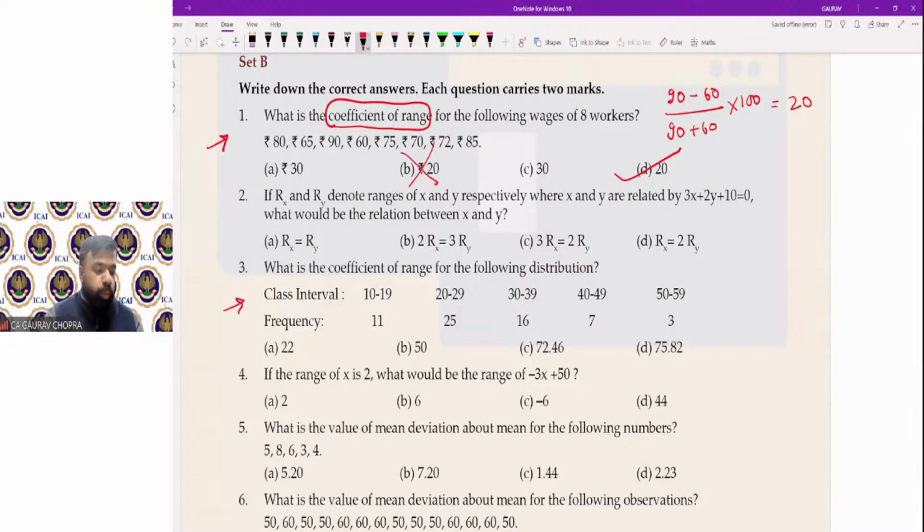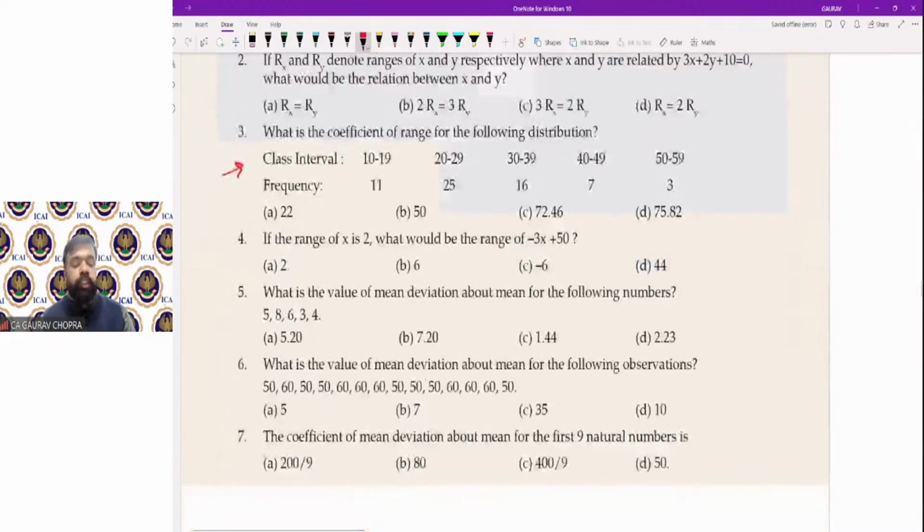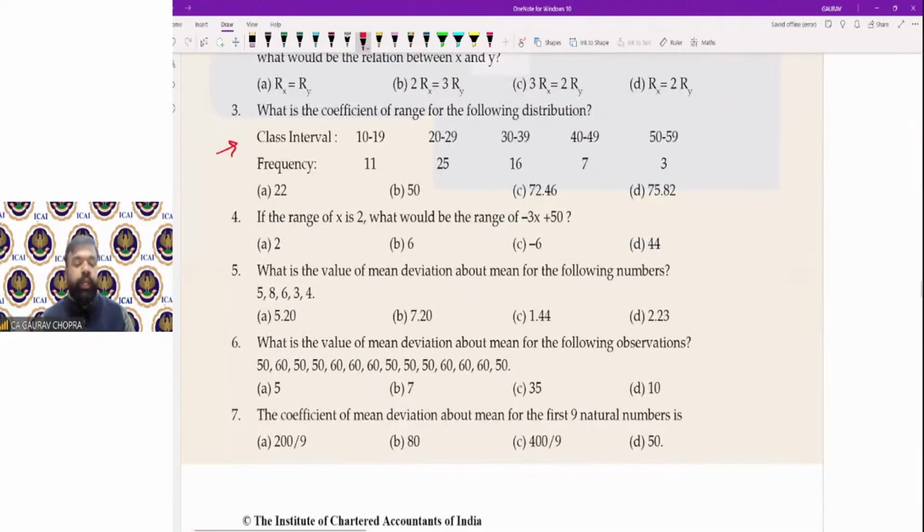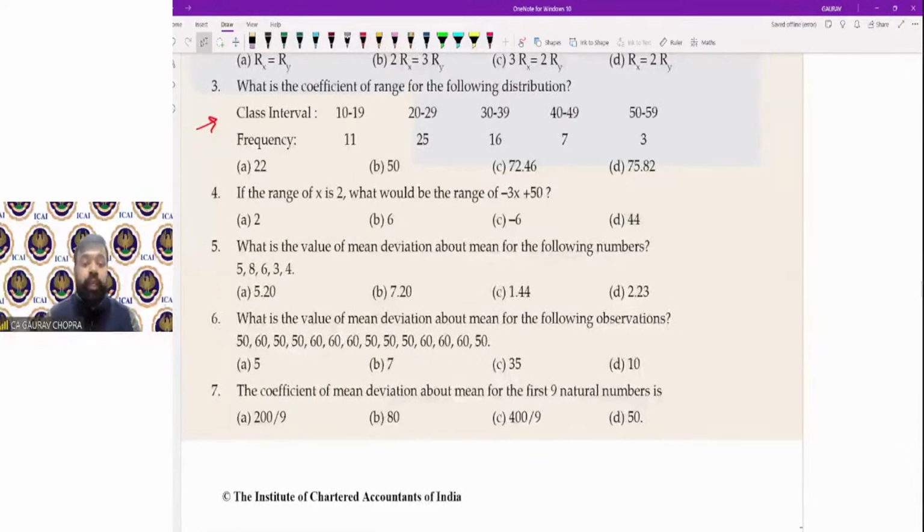Then try the third one. Coefficient of range for the following data. So class interval, कौन सी है? Inclusive. Convert this into exclusive. The first value and last value दोनों को convert कर लें. So highest value 59.5, lowest value 9.5, divided by again 59.5 plus 9.5 into 100.